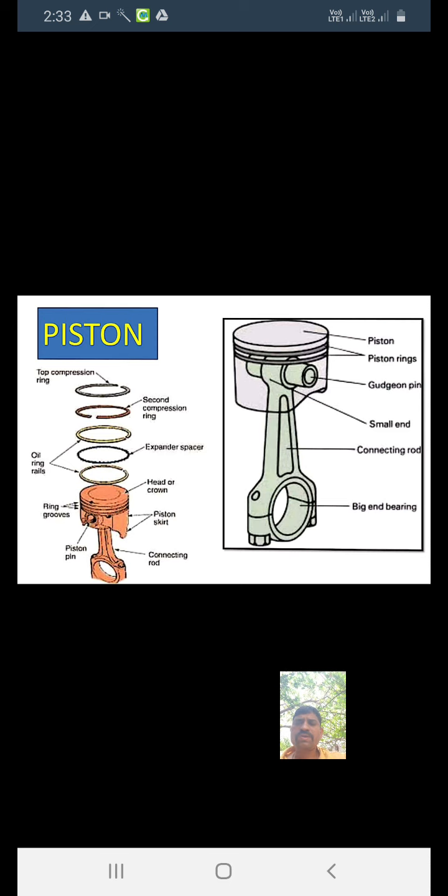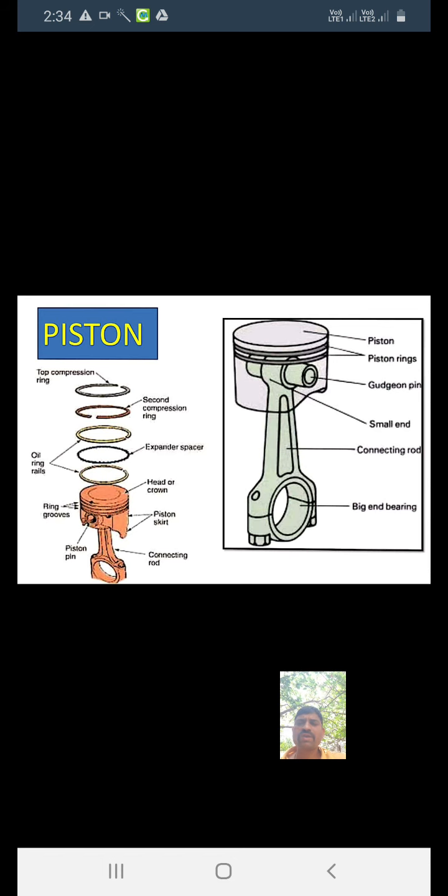The first part is the piston head, or crown. The piston head or crown withstands the cylinder gas pressure. It has a flat or concave shape, and this depends upon the construction of the combustion chamber.